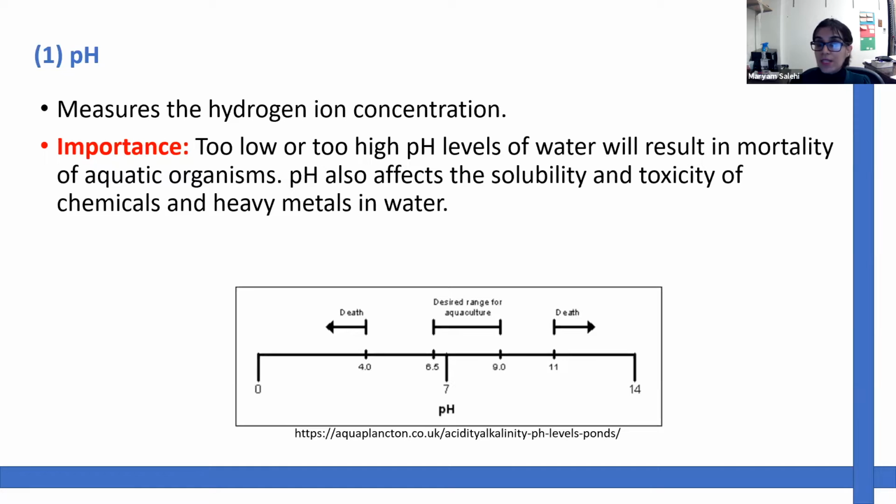If we have a low pH and acidic condition, we are going to dissolve several of the heavy metals like copper in the water, and we are going to make that a toxic environment for many of the organisms that are living in the water. So we need to have the appropriate range of pH.